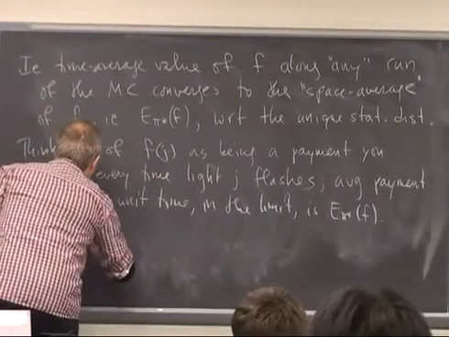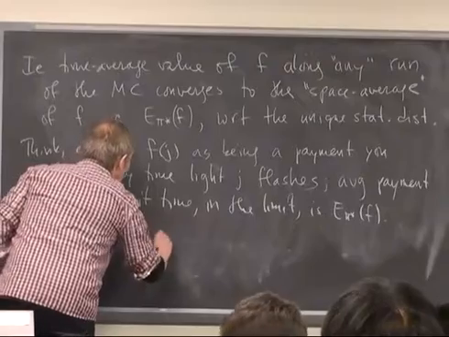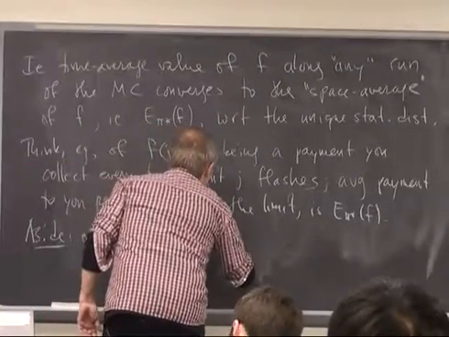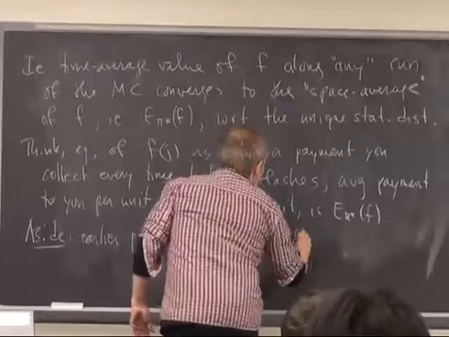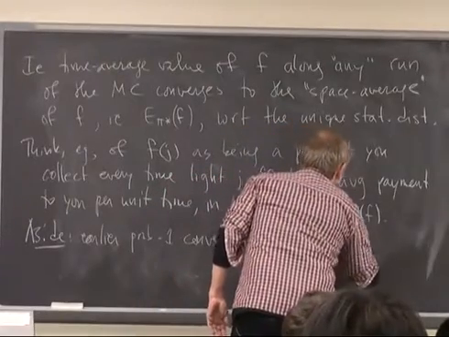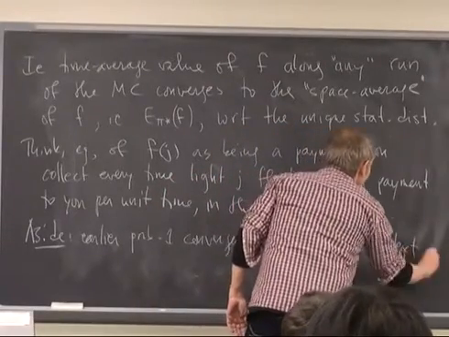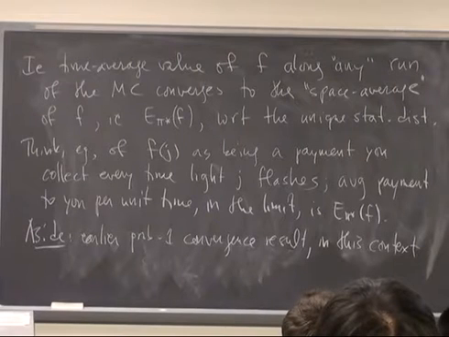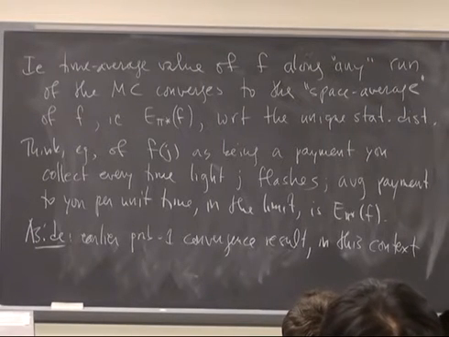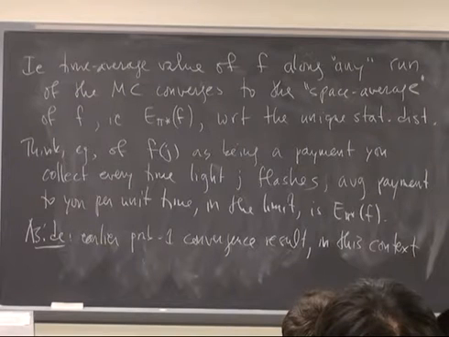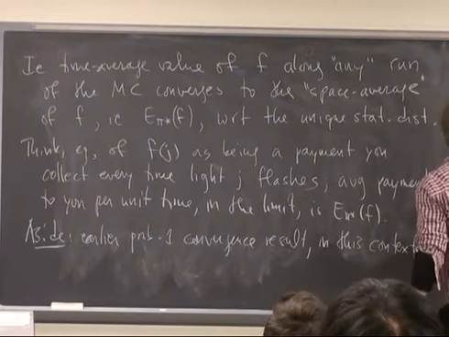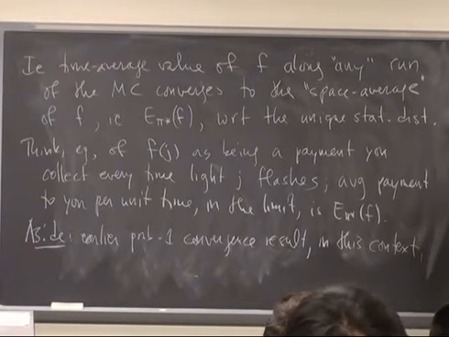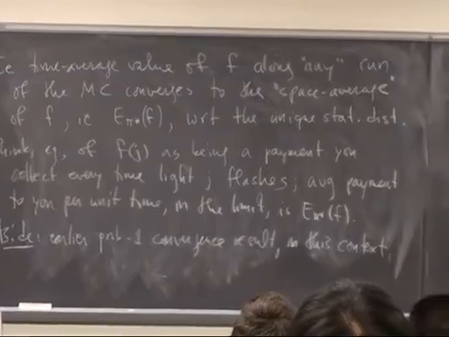The earlier probability 1 convergence result in this context, and by in this context I mean the same thing as in the hypothesis of the ergodic theorem for Markov chains, in other words, a chain with one big positively recurrent class as its state space and one unique stationary distribution for that reason, is actually a special case of the ergodic theorem.